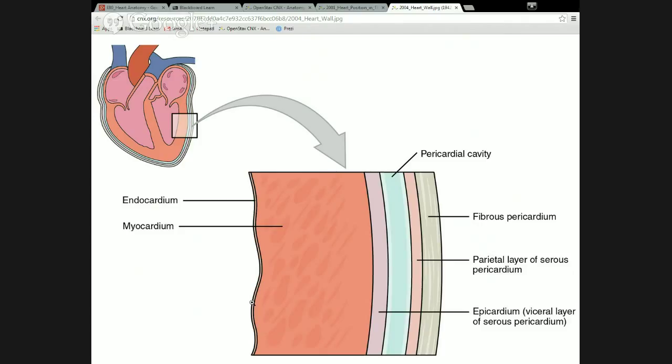When it's in the heart, we call it the endocardium, as that same simple squamous epithelium extends into the blood vessels, we call that the endothelium. But it makes for sort of one continuous, smooth lining to the whole system.